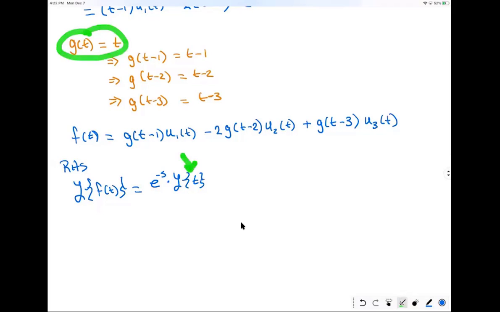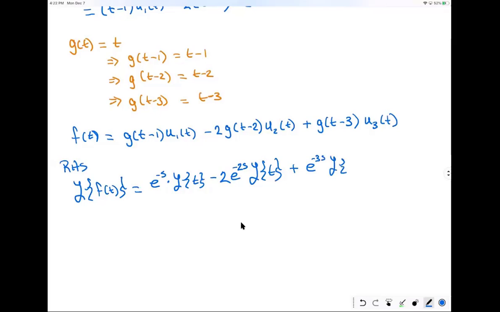Then minus 2, and then e to the minus 2s times the Laplace transform of t, and then plus e to the minus 3s times the Laplace transform of t. So I'll do that for each one.